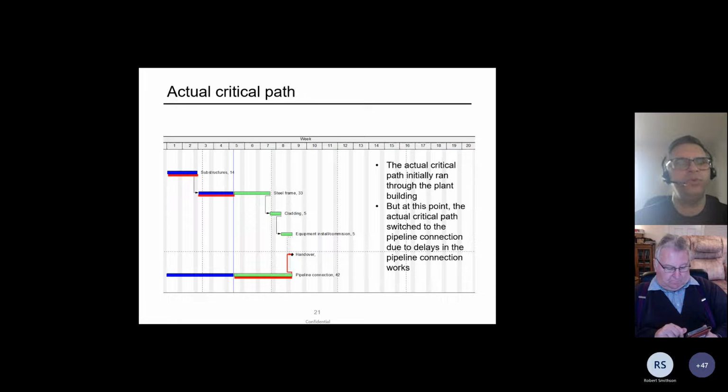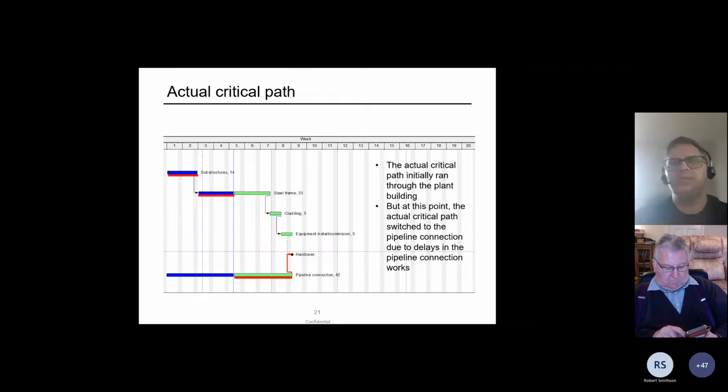So something happened before week 5 to cause at least two weeks of delay to the pipeline. And as a result of that, the pipeline is now the critical path. It's the longest path to completion. It's driving handover. So at this very moment in time, in week 5, this is the date the critical path changed.